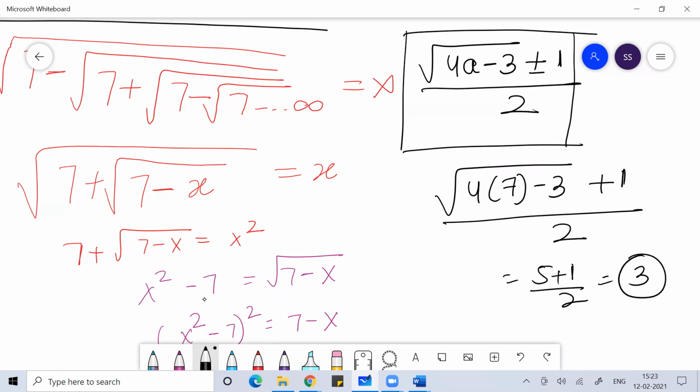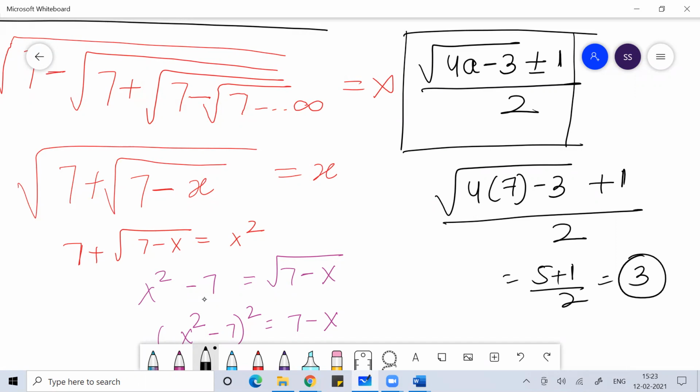So either you can solve by the traditional method, like what we used to do when we were in school, or you can use this way, which is much easier. Again, you have to remember this formula: root of 4a minus 3 plus minus 1 by 2. If you can remember it, it will be well and good, and the whole exercise will become very easy for all of us.